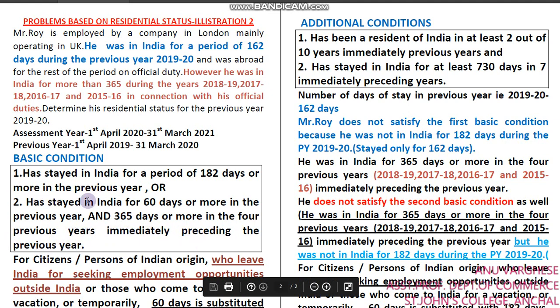So now let us check whether the assessee is satisfying the first basic condition. In the question it is saying that he was in India for a period of 162 days during the previous year 2019-20. That is, the number of days of stay in the previous year 2019-20 is 162 days.